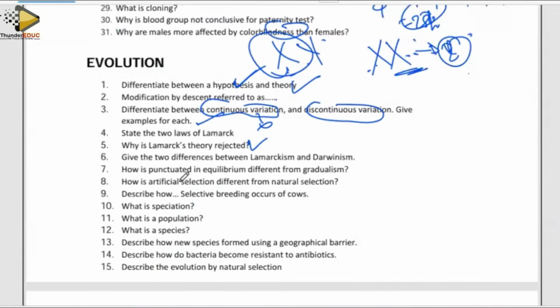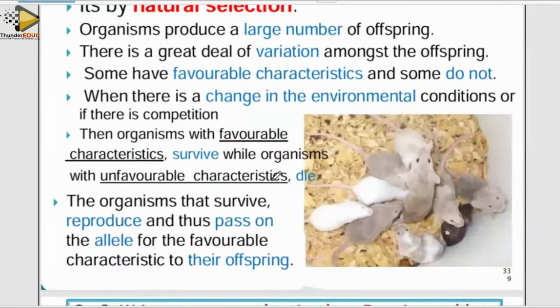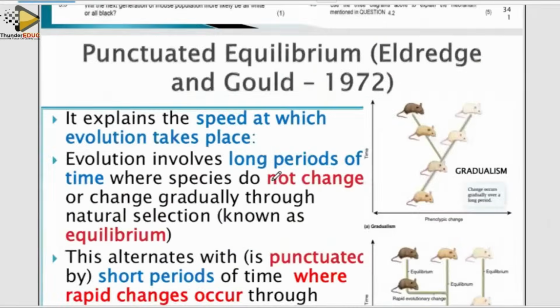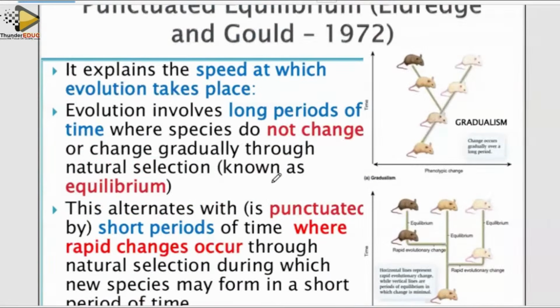Then they are talking about punctuated equilibrium and gradualism. We said that in gradualism, organisms gradually change. While in punctuated equilibrium, there is a short period of rapid change and a long period of no change.